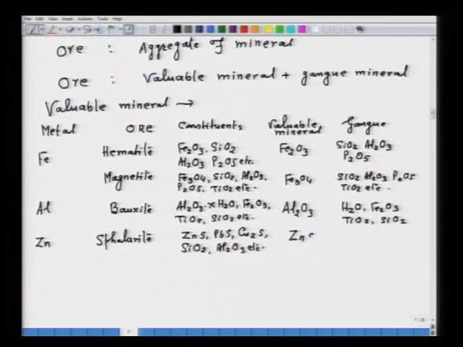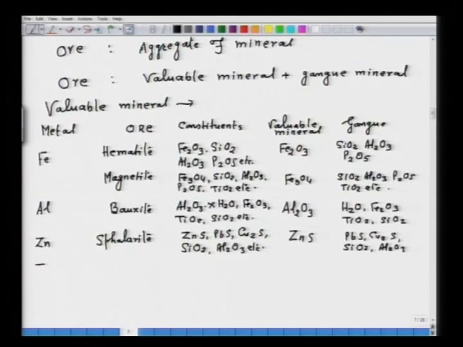Here the valuable mineral, because I want to get only zinc, is zinc sulphide, and with reference to this, PbS, Cu2S, SiO2, Al2O3 are gangue minerals, though Pb is also a metal that can be recovered from the gangue depending upon its concentration.